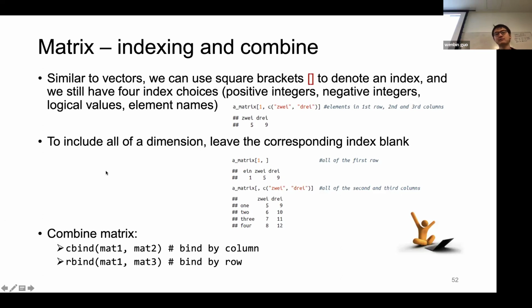If you want to keep all of a dimension, for example all the rows or all the columns, you simply leave the corresponding index blank. For example, here you only specify the first row and leave the columns blank.